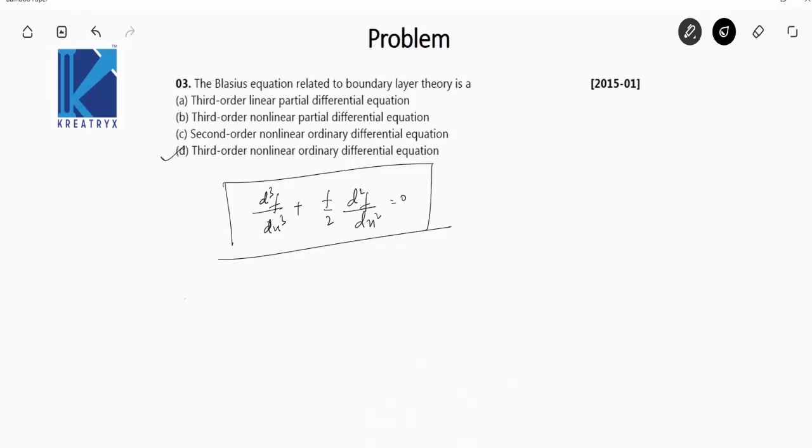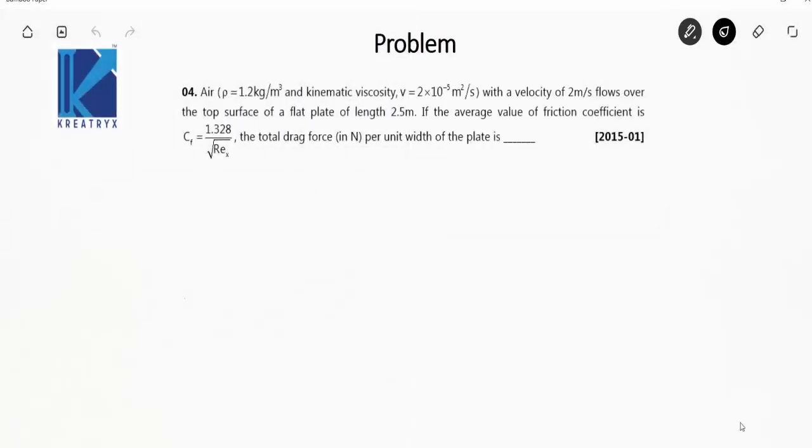Next question. Air having a density and kinematic viscosity nu of 2 into 10 to the minus 5 meters square per second, with a velocity of 2 meter per second, flows over the top surface of a flat plate.